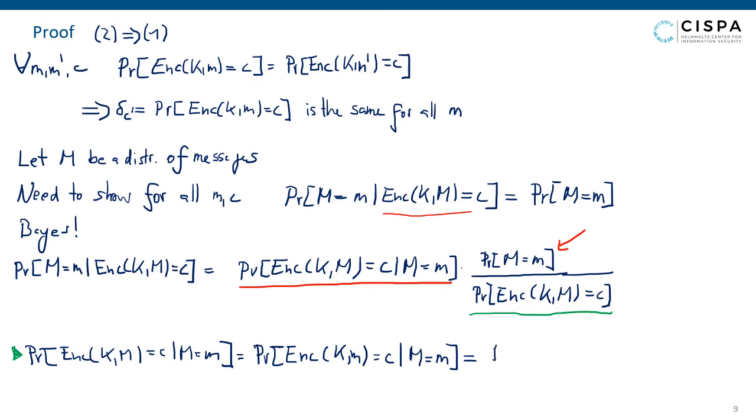So this is just the probability that enc k comma m equals c. And this we just gave a name, namely up here we call this delta c. So we get that this is the same as our delta c.